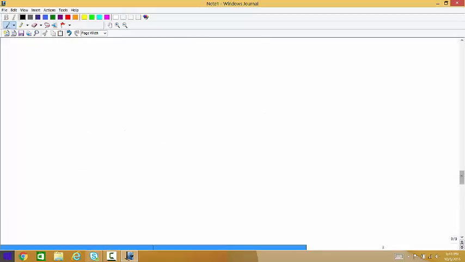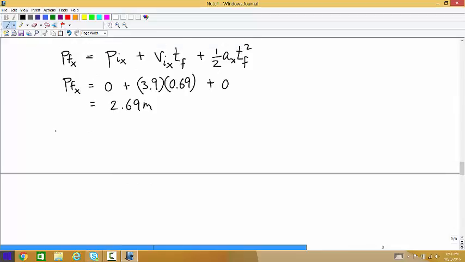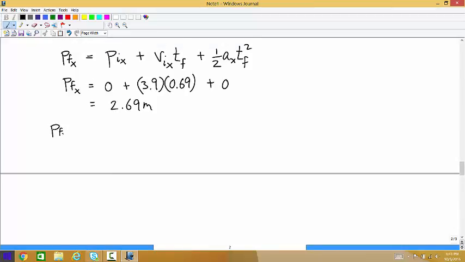And now we can do the same thing with the y component. So PFY is equal to PIY plus VIYTF plus 1/2 AYTF squared.